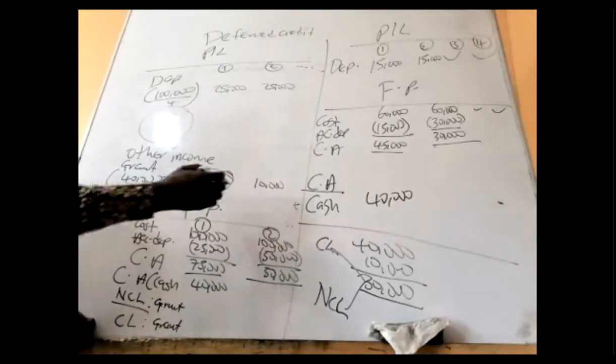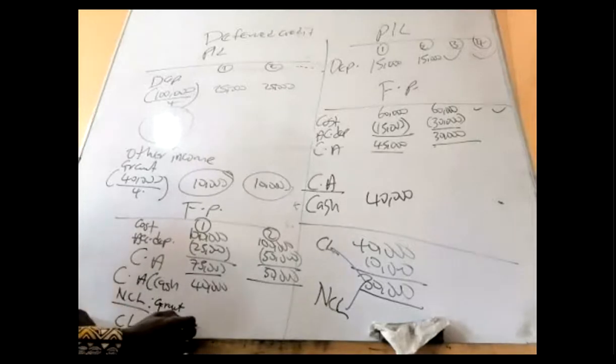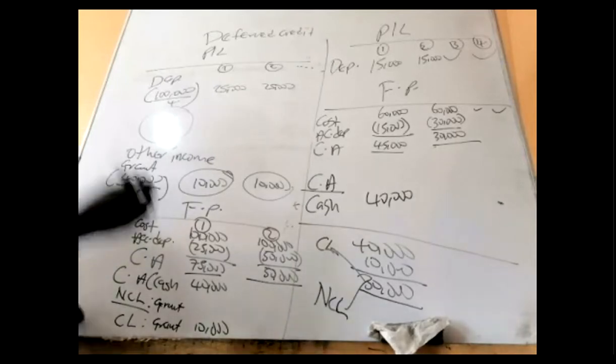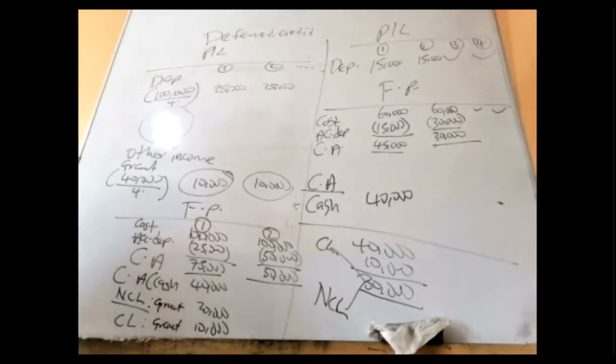The one I'm going to release next year is 10,000, right? It's always the same as the amortized figure. So that means out of the 30,000, 10,000 is current liability. What will the non-current portion be? The non-current portion will be 20,000. That is all.